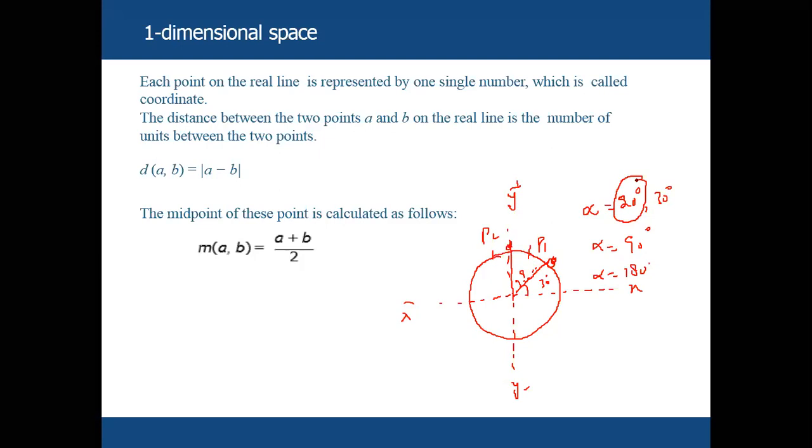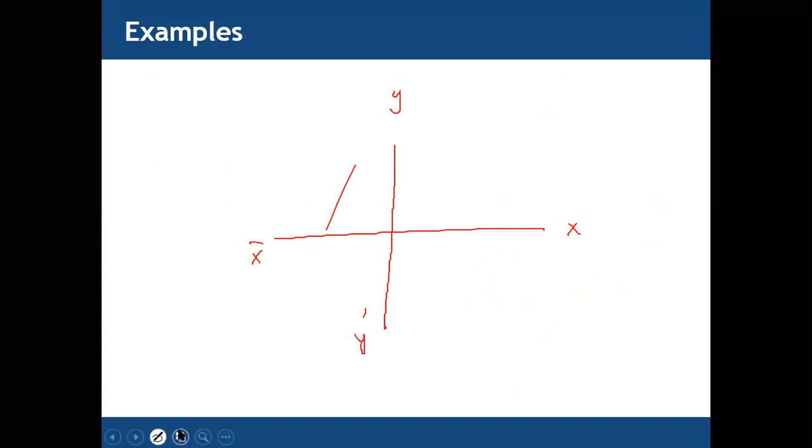In two dimensional space, we need two coordinates, a set of two numbers, to specify a location. As you know, in two dimensional space we have x, then y, and same, x negative and y negative. So to specify a point, we need two numbers.